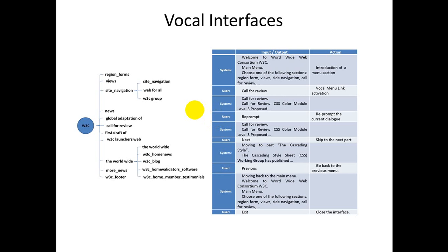Here we show a feature with a corresponding vocal menu automatically derived according to an algorithm in which the texts of the vocal menu items are derived either from element IDs or from the section contents. In this part you see a vocal dialog that can be obtained from such vocal interfaces.